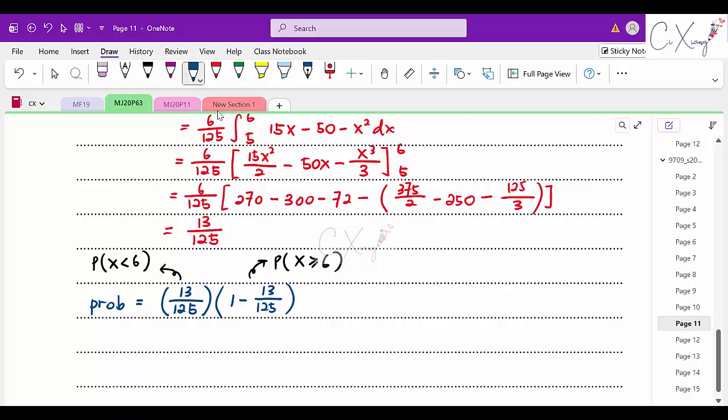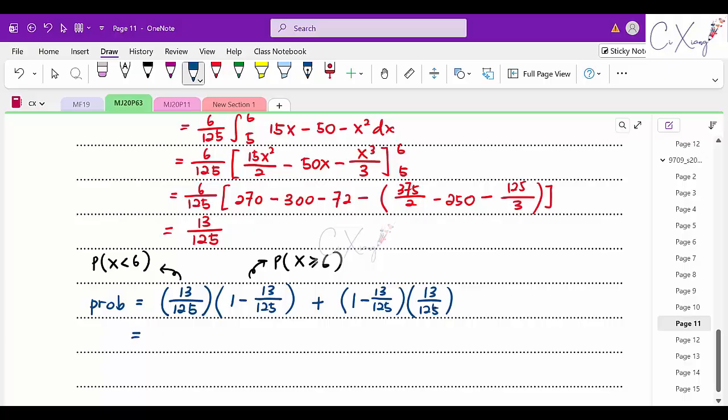But you are also having the other case where the first worm is more than 6. Then the second worm is less than 6. This is another possible case that we have for this probability. Okay, this is more than 6, this is less than 6.